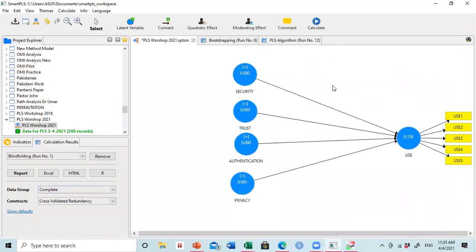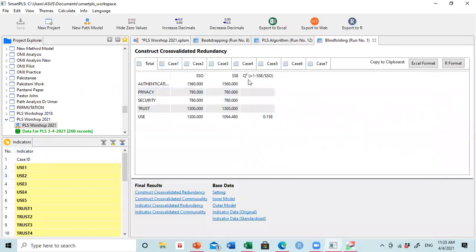So now how do we know? We go to report, then you look at the construct cross-validated redundancy. In this case, we want to see if this Q square is greater than 0. If it's greater than 0, it means we conclude the model has predictive relevance.